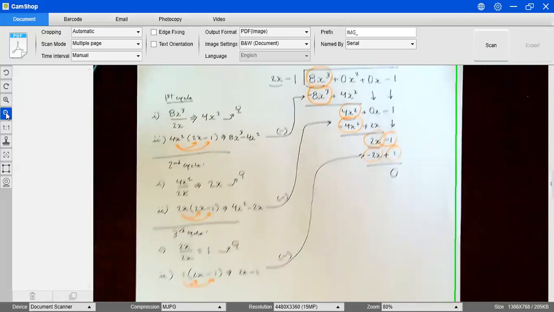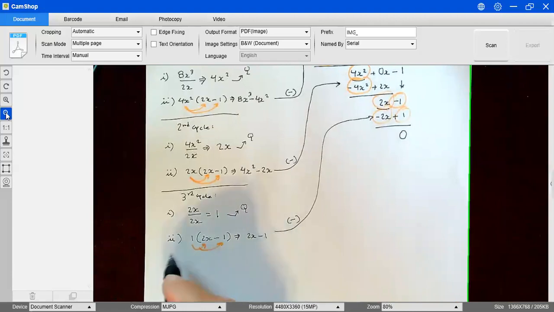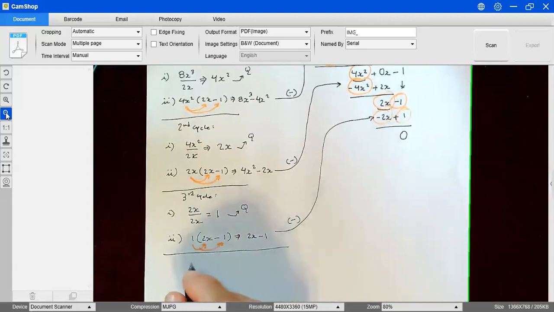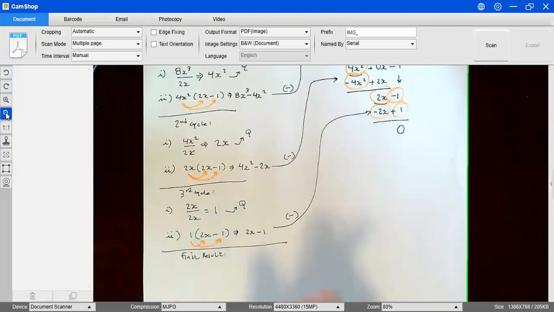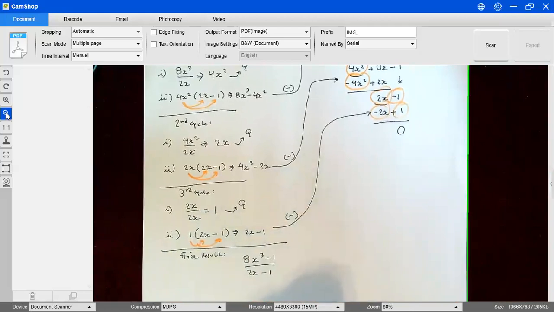So we're going to write the final answer here. The final result can be written as, if you have 8x cubed minus 1 over 2x minus 1, that's the original problem.